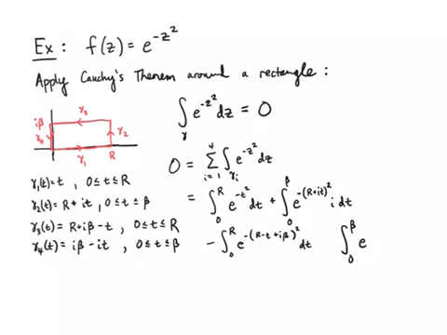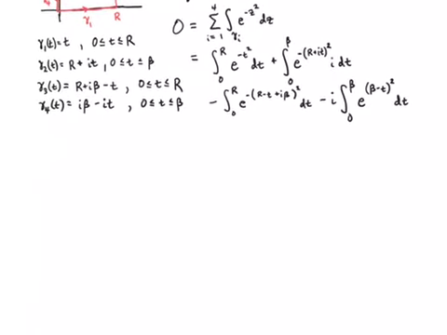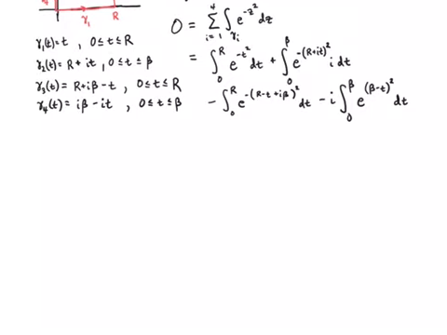Well, we have the minus sign, but we have a factor of i, and that squared gives us a minus 1. So actually we just have beta minus t, squared, dt. But wait a second, we have to do our dz/dt, and that's negative i. So we have a negative i out front here. All right, so we have these four integrals summing up to give you 0.